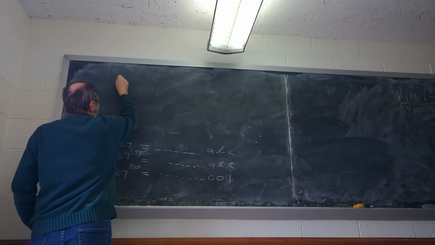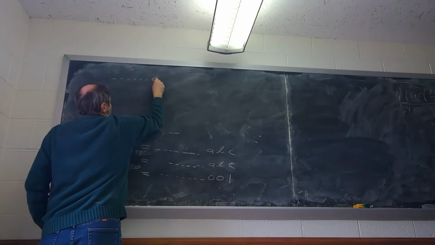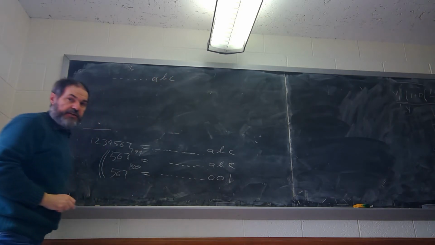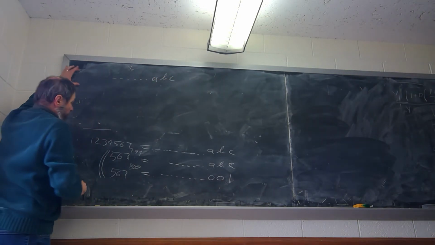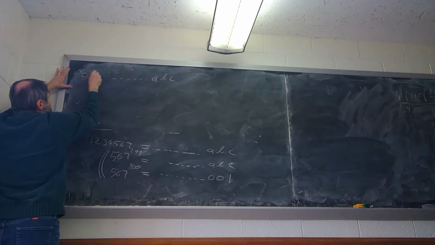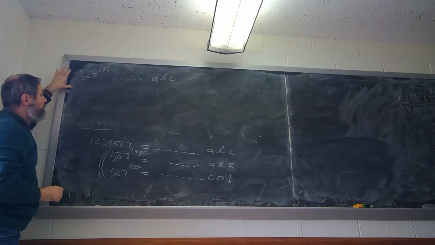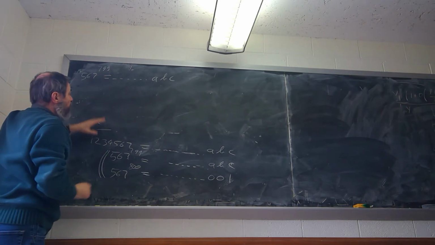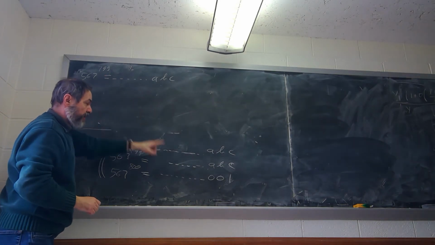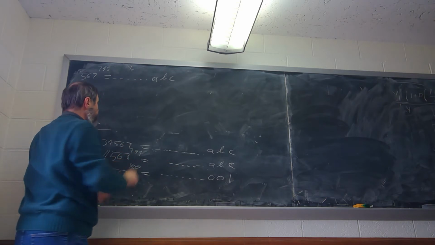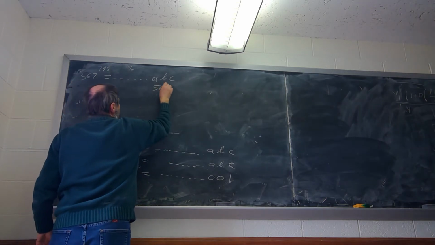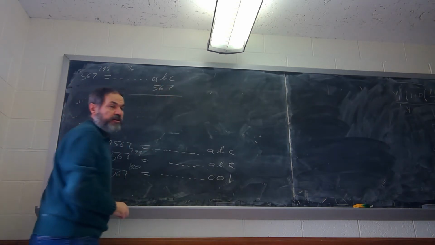So I have this large number that ends with A, B, C, and it's equal to 567 to the 799, this long number, and I multiply this by 567. I do the multiplication.